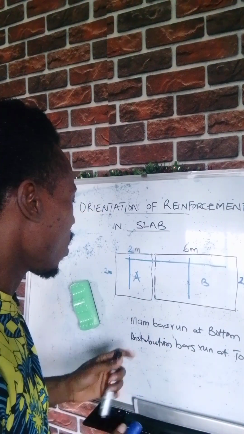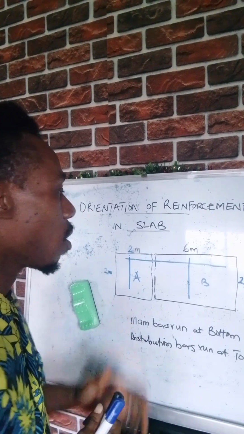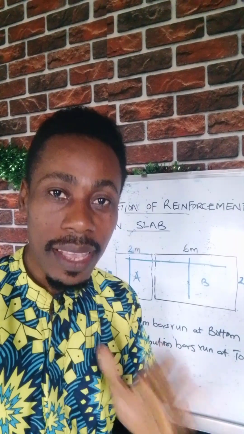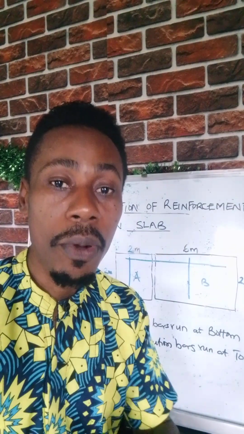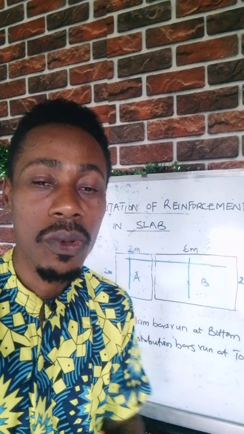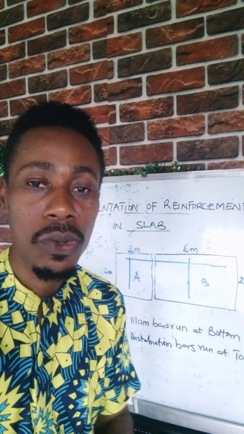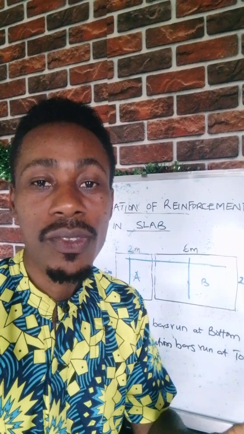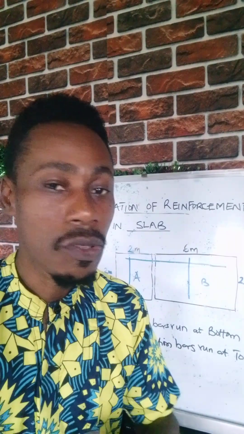It is very, very important because a lot of our slabs do perform poorly. They perform poorly because some of these lapses were not looked into critically. We just leave reinforcement works to the iron fitters to do.